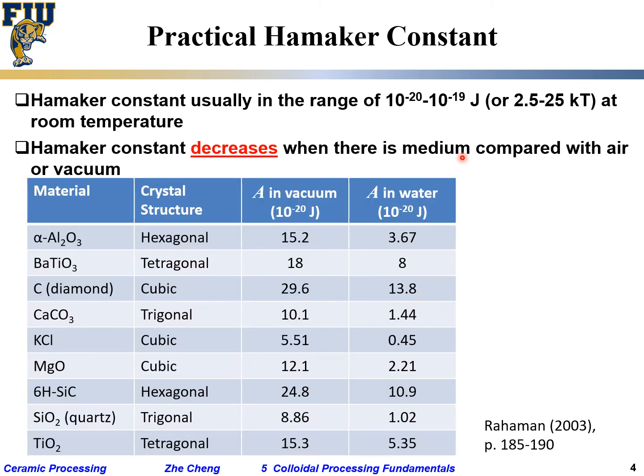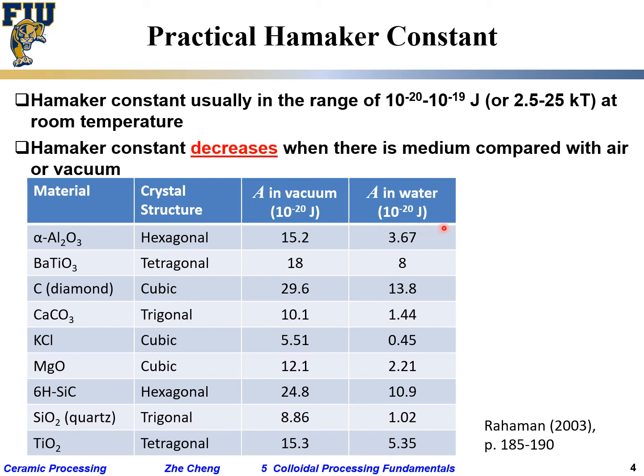Here we give a list of different types of particle or material. And then we listed the so-called crystal structure. And we gave the table listing the Hamaker constant if they are separated in vacuum, which for air is probably the same.